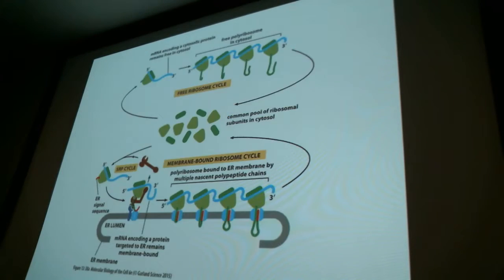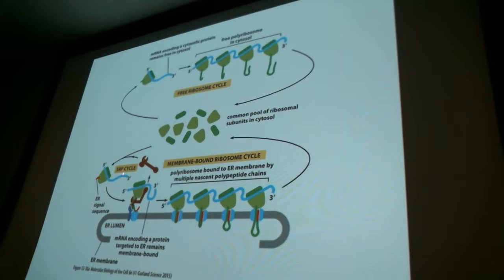So this is what really was the beginning of the understanding that there are two cycles of ribosomes in cells. You have proteins being synthesized on free ribosomes, which happens in the cytosol, and there are a lot of proteins that never go into membranes or across membranes. So these proteins are synthesized on the free ribosomes.